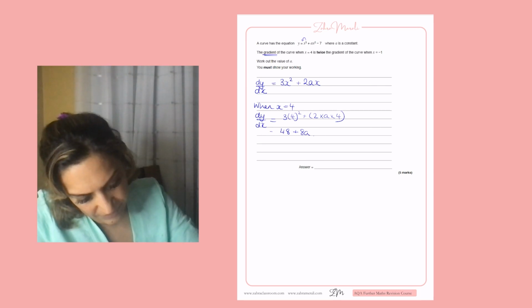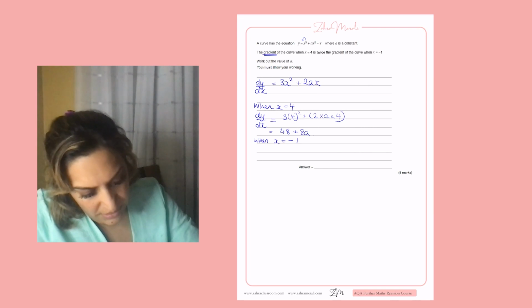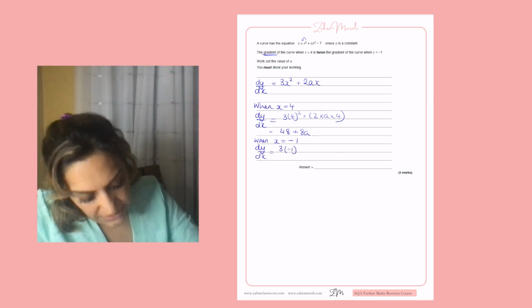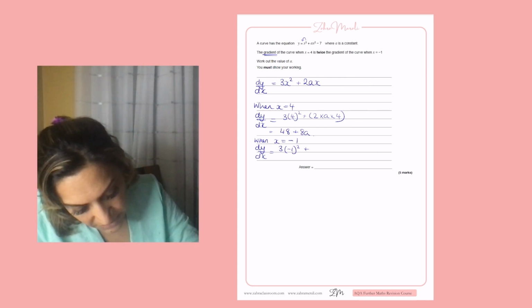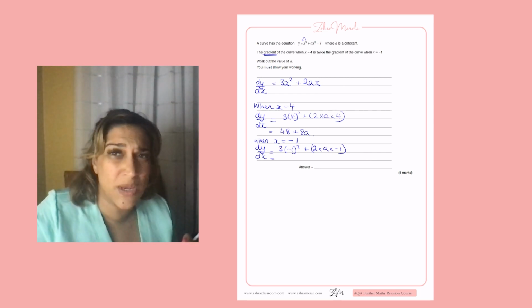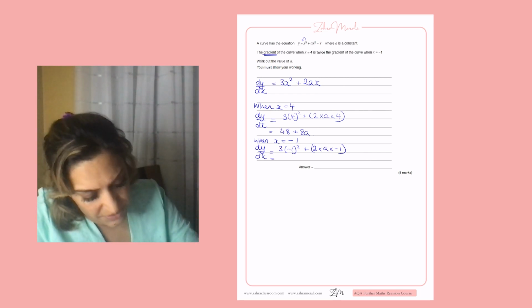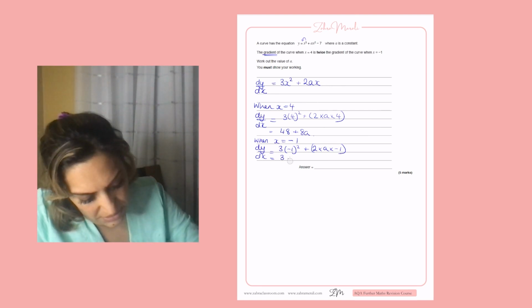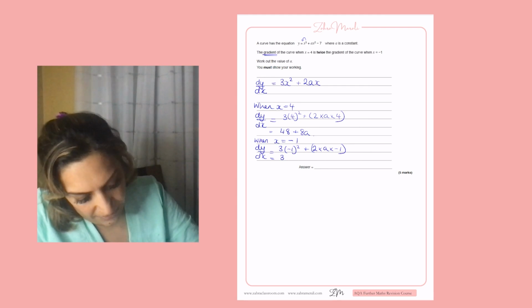Okay. And when x equals minus 1, dy/dx is going to be 3 times minus 1 squared plus 2 times a times minus 1. So we're left with minus 1 squared, which is just 1, times 3, plus, well, it's actually going to give me a minus 2a.